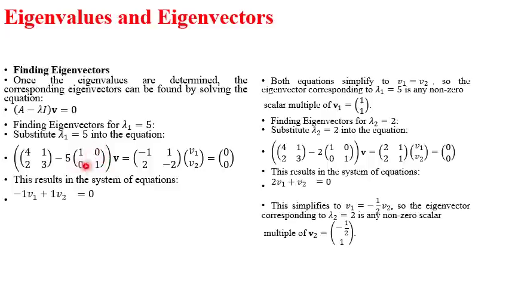Of course, this one here remains 0. So then see that 4 minus 5 will give you minus 1. 1 minus 0 will give you 1. 2 minus 0 will give you 2. And 3 minus 5 will give you minus 2. So that's how the whole of this transforms into this.